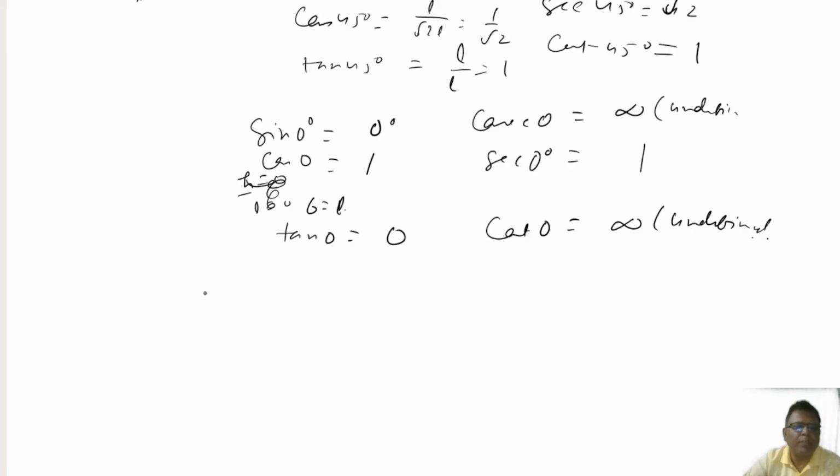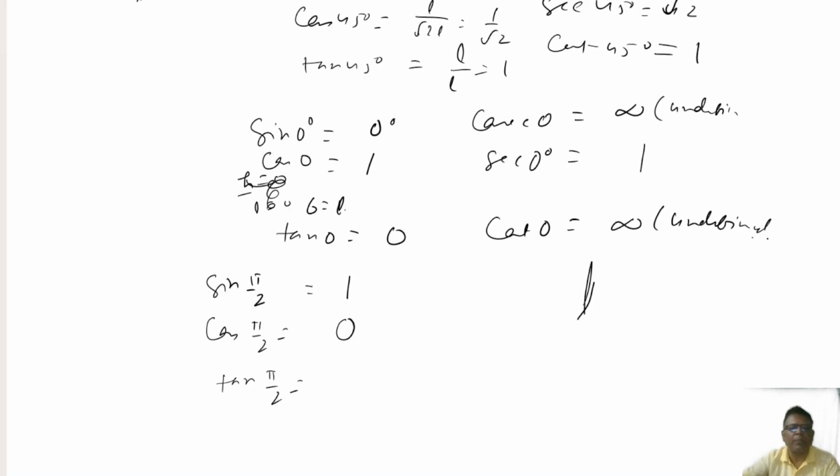Now come to pi by 2. Sin pi by 2. So at pi by 2, hypotenuse becomes height. So that will be 1. Cos pi by 2. Base becomes 0. So this will be 0. So what is tan pi by 2?